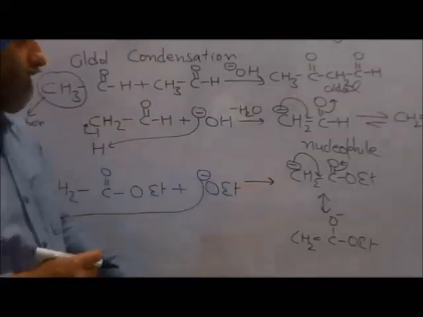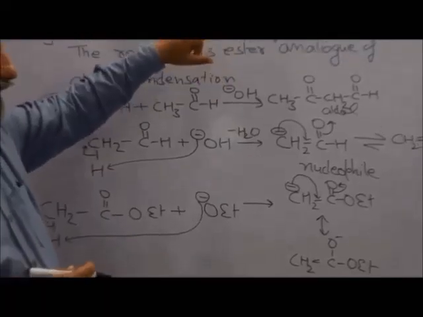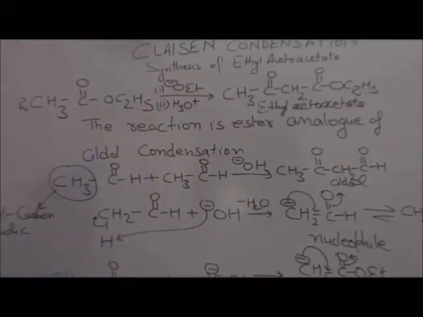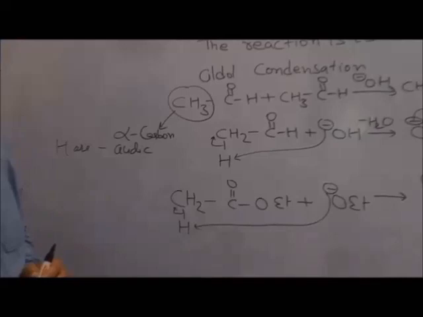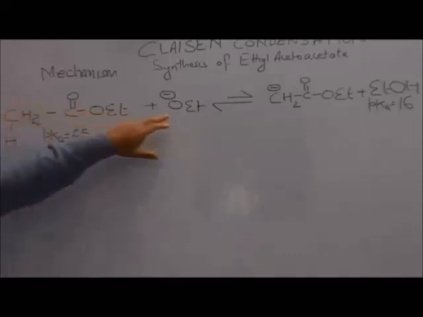Next we will be discussing the mechanism of formation of ethyl acetoacetate, that is the Claisen condensation reaction. The mechanism can be discussed as already discussed: the alpha hydrogens in ethyl acetate can be removed by ethoxide ion, which is a base.